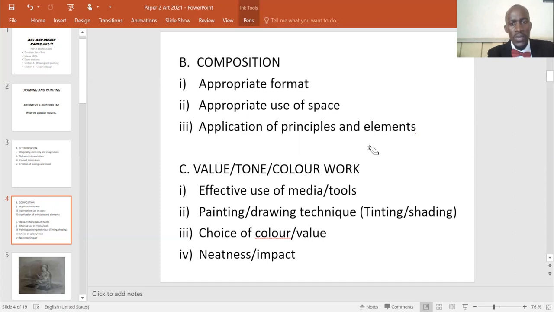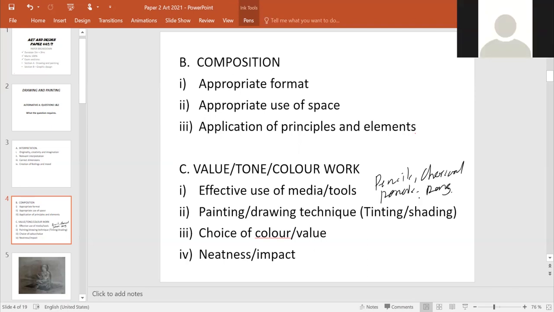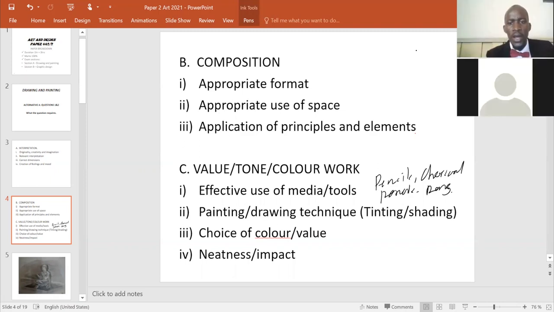In drawing, in most cases, we talk about the use of pencils, charcoal pencils, pens, colored pens, sticks, and any other hard media that can be used to create that particular work in drawing.